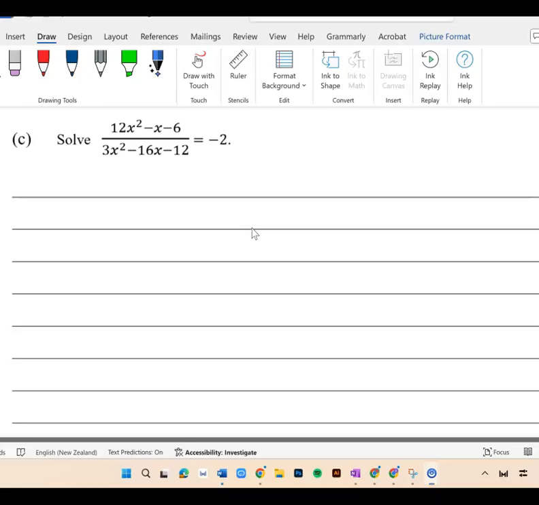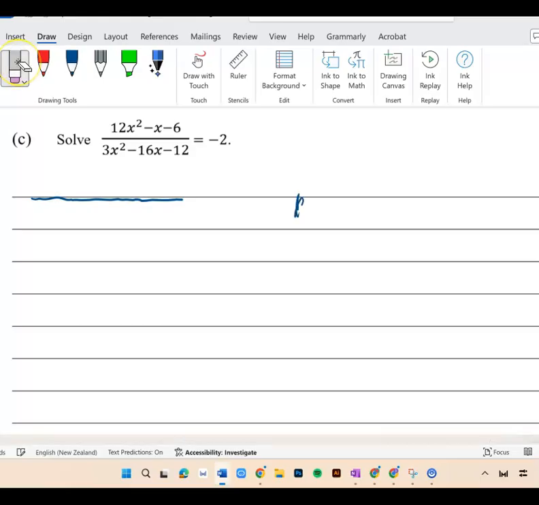So, PQ method again. Let's do the top row first. Oh, why is my rubber not working? Okay. We need two numbers. So 12 times negative 6 is negative 72. And then that's negative 1. So we need two numbers that multiply together to give negative 72.